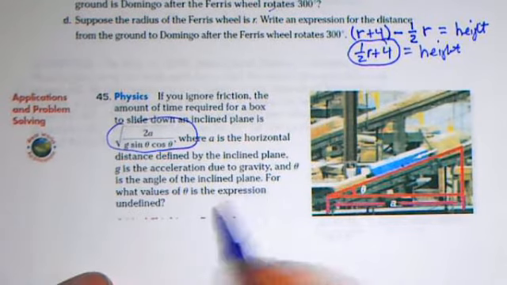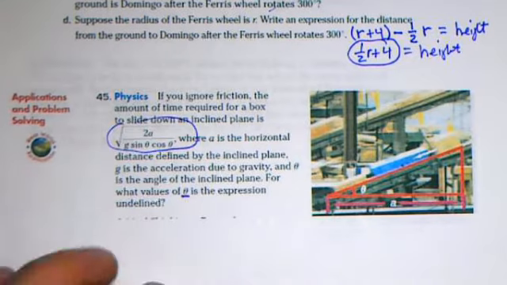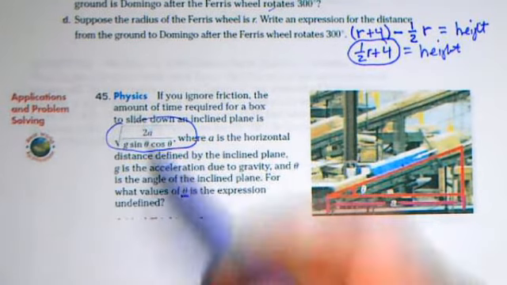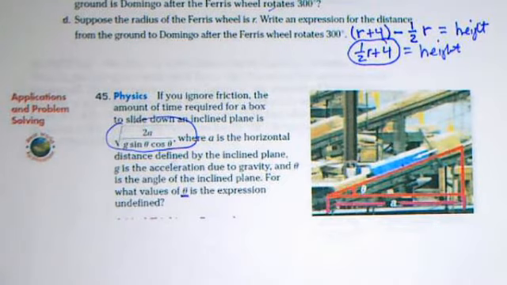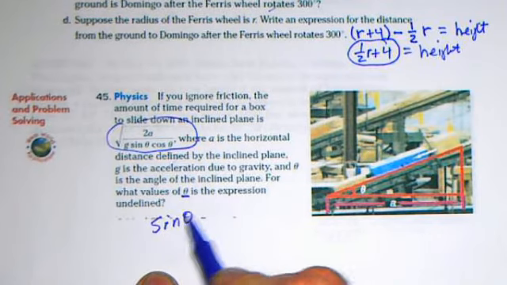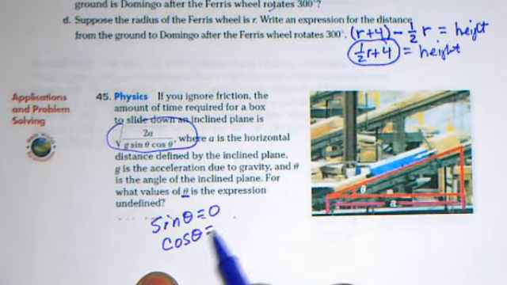But what they ask us for this is, for what values of theta is the expression undefined? So we have a fraction inside of this radical. Any place where we would have a 0 in the denominator is going to cause that fraction to be undefined. So, in other words, what we need to do is find the angles where sine of theta is equal to 0 or cosine theta is equal to 0.